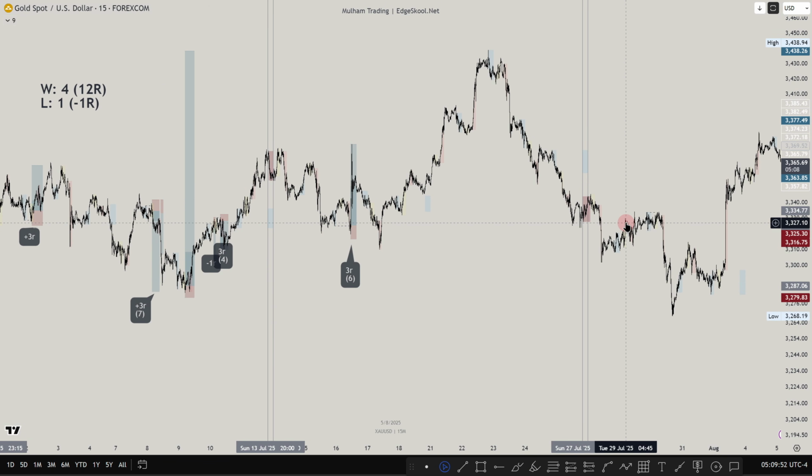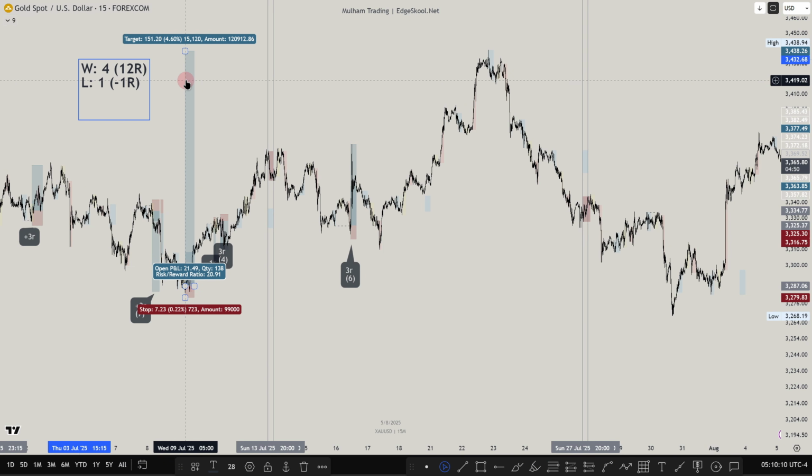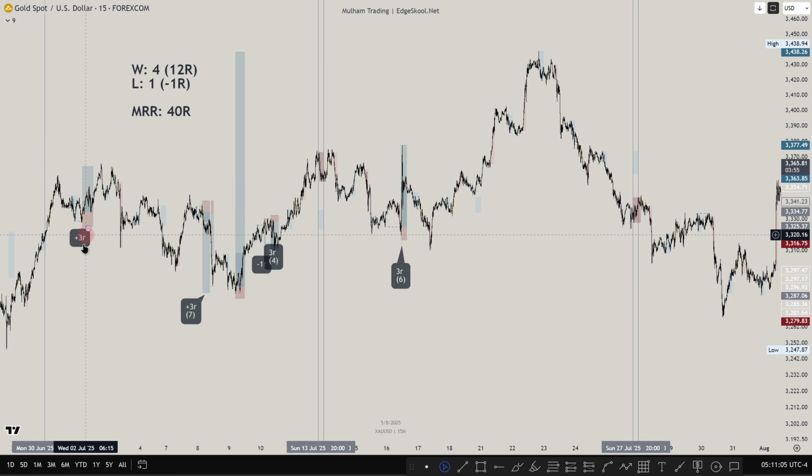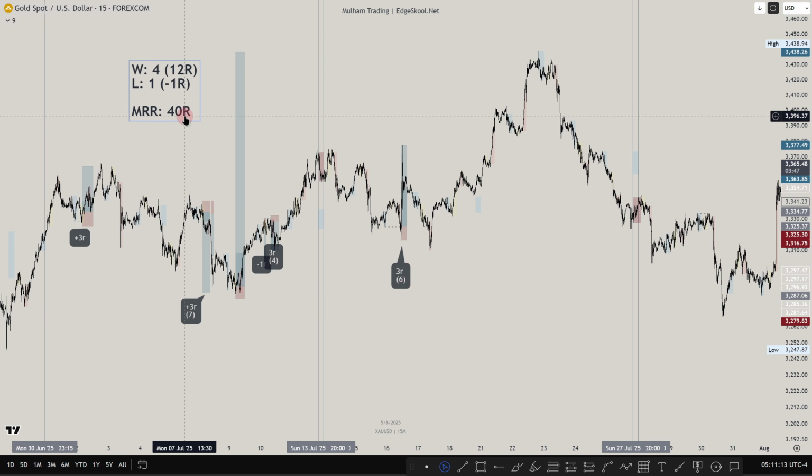And I actually do believe that if we apply that specific rule, which is the sweep just before London starts, we will still be profitable, and we might actually make much more because one winner is 3R and a loser is only -1. Now calculating also the maximum reward to risk, this is only 3, this is 7, this one is 20, this one is 4, and this one is 6.